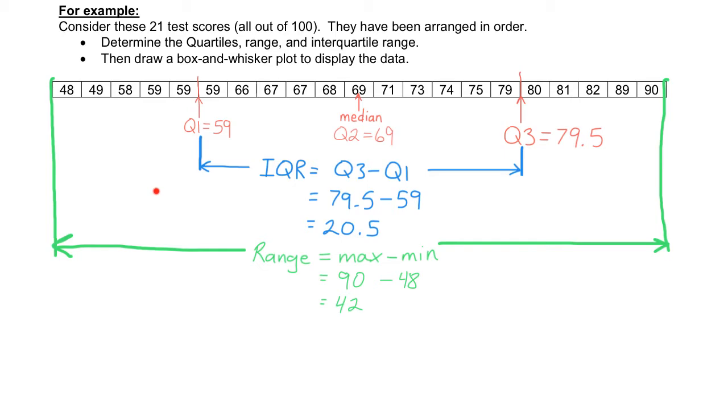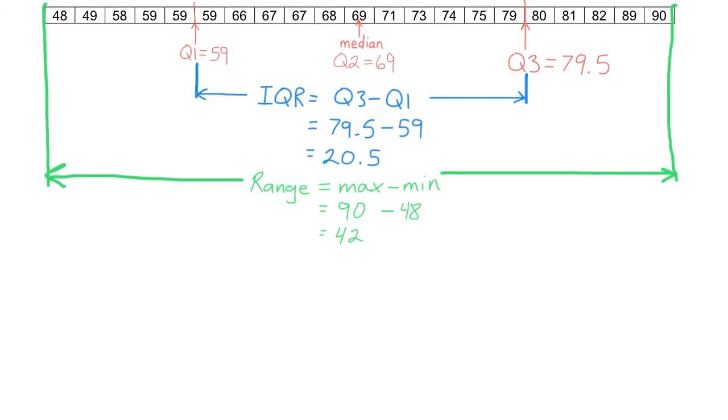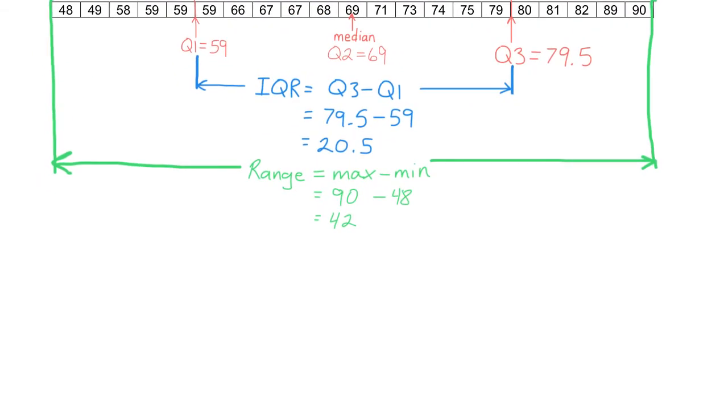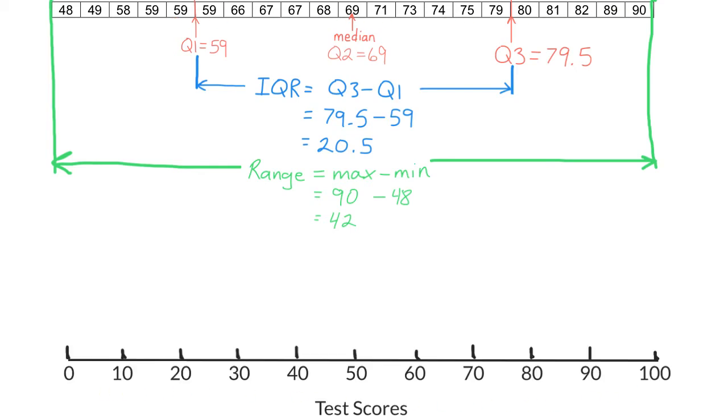So now that I've done all these calculations, I'm going to draw a box and whisker plot. I'm going to draw that down here. The first thing you want to do is make a scale for your results along the bottom. Remember, these are test scores, so I'm going to make a scale for all of my test scores. And now I'm going to draw on all of my quartiles.